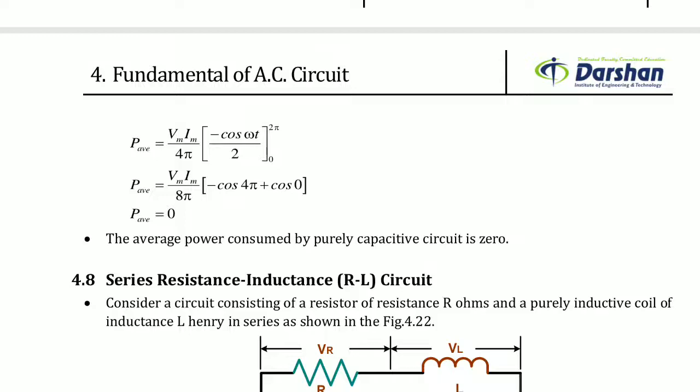Now in a pure capacitor, the voltage across the capacitor is Vc. It is due to charge formation. In the capacitor the current is leading by 90 degrees. So in an inductor the current is lagging, in a capacitor the current is leading.